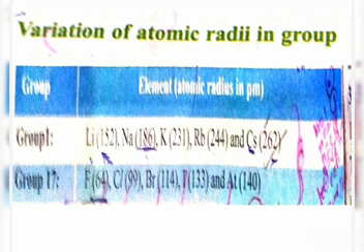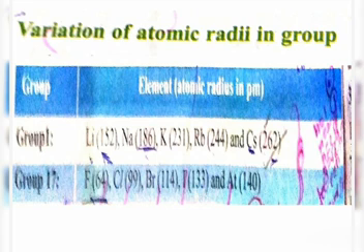Discuss the variation of atomic radii in a group. Atomic radii increase from top to bottom in a group of the periodic table. Vertical columns are called groups. Why? Because as we go down in a group, the atomic number of the element increases.